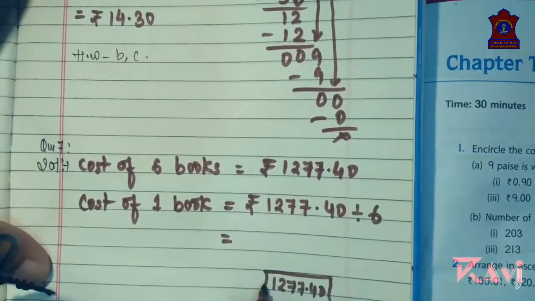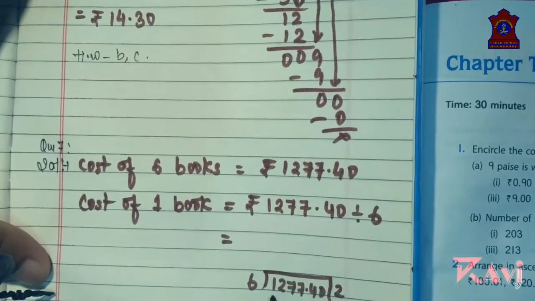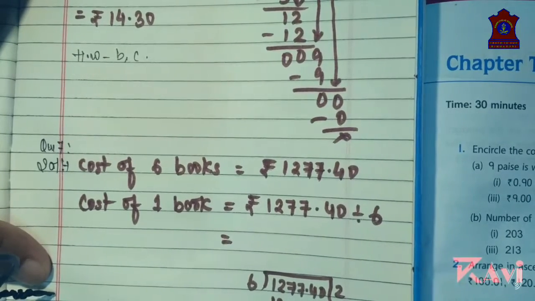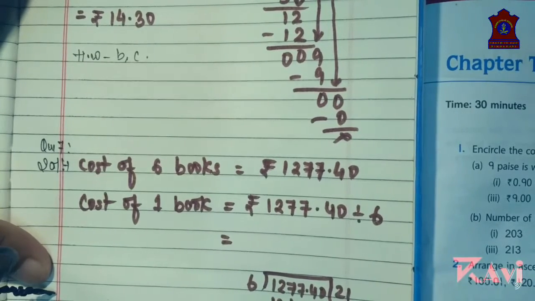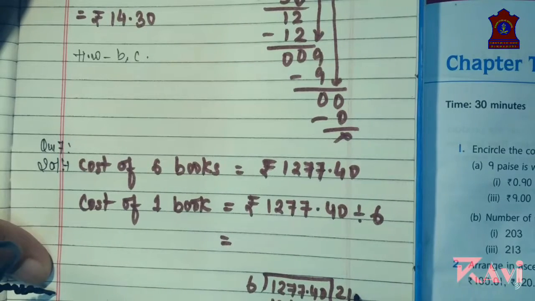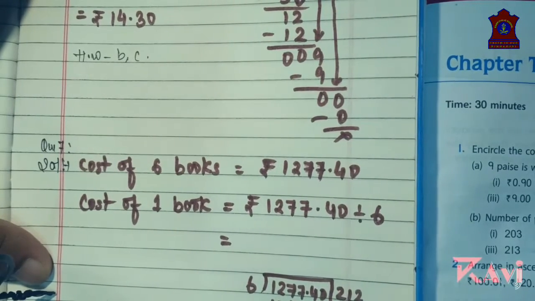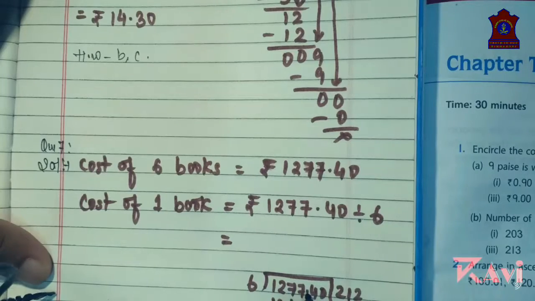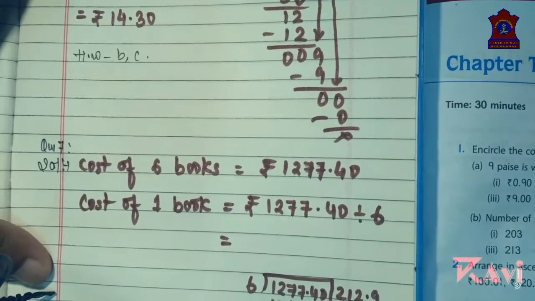1277.40 by 6. 6 2s are 12. Okay, what comes down? 7. 6 1s are 6. What is left? 1. What comes down? 7. 6 2s are 12. What is left? 5. Clear? What is there after 7? Decimal. Put a decimal. What comes down? 4. 6 9s are 54.